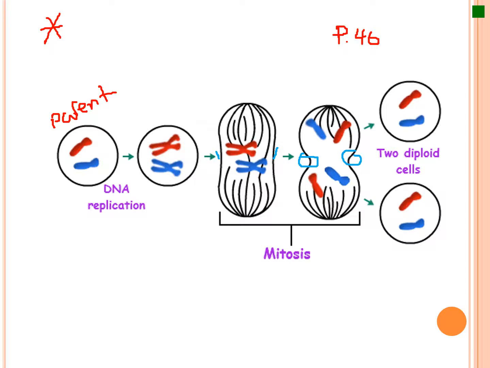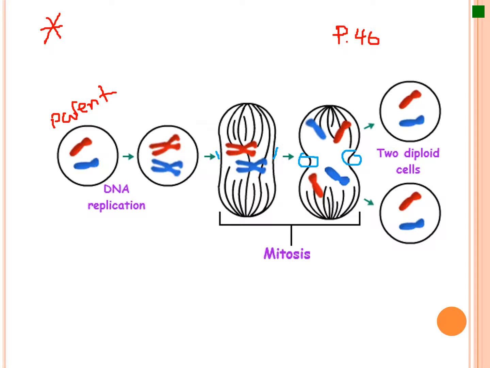As the chromosomes are being pulled to opposite ends of the cell, the cleavage forms and gets deeper and deeper, and eventually the two cells detach from one another. They kind of snap off in a way.